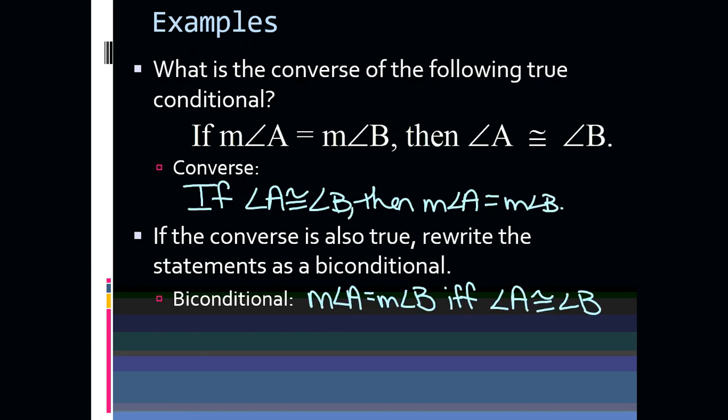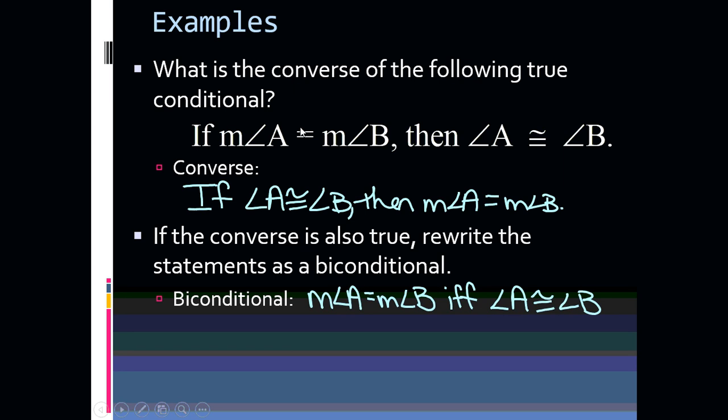So what is the converse of the following true conditional? If measure of angle A is equal to measure of angle B, then angle A is congruent to angle B. The converse is: if angle A is congruent to angle B, then measure of angle A is equal to measure of angle B. Converse means you flip.